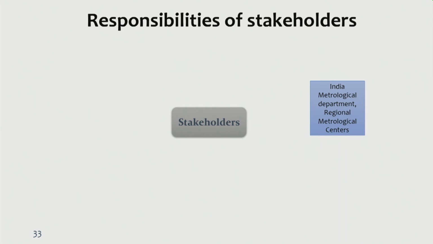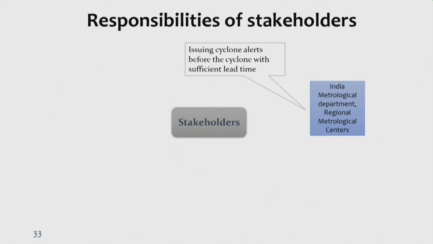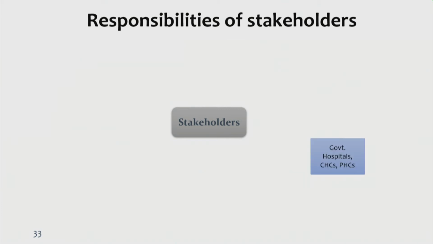First in the list is the Indian Meteorological Department and the regional meteorological centers. The main role of this department is to issue cyclone alerts. They have to issue these alerts before the cyclone with sufficient lead time.